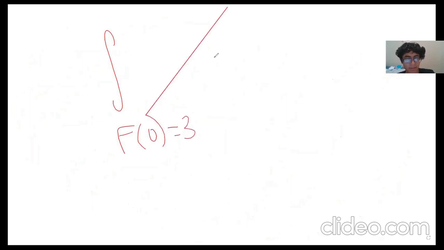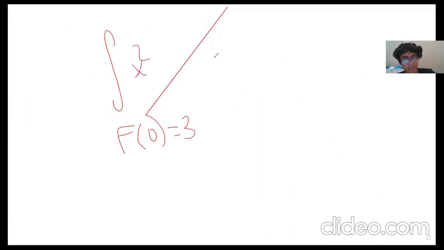But initial value problems aren't the only way to figure out what the function is, right? We might actually have definite integrals, which are interesting in the way that, maybe in the last problem they said f of 0 equals 3.